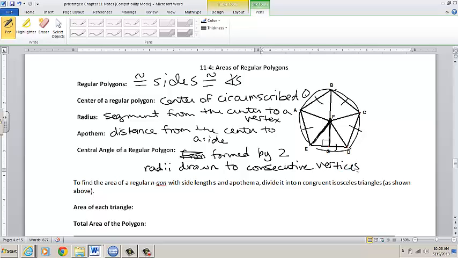And you could find the measure, because it's a regular shape, by just taking 360 divided by however many sides you have in your shape. So in this case it's 360 divided by 5 for the example of the pentagon. So 72.